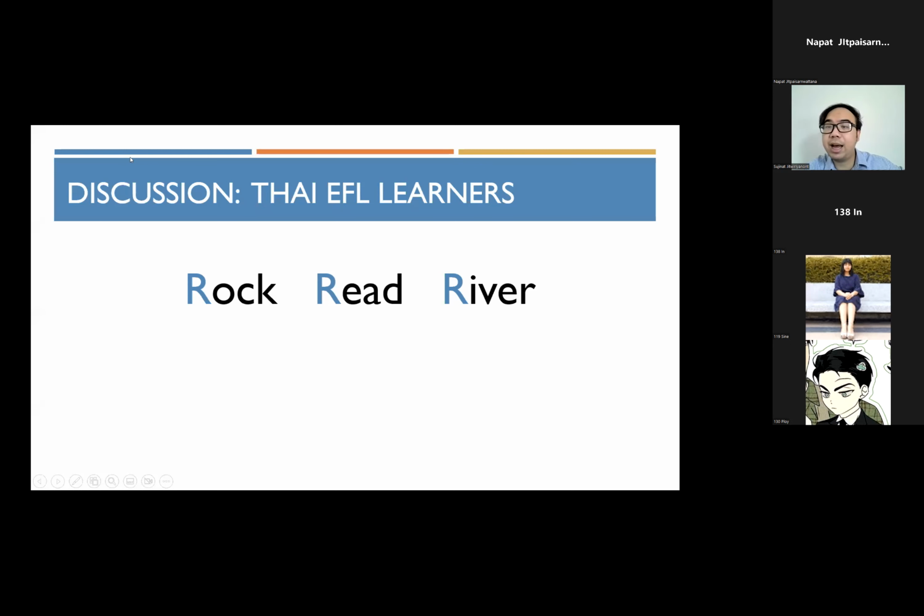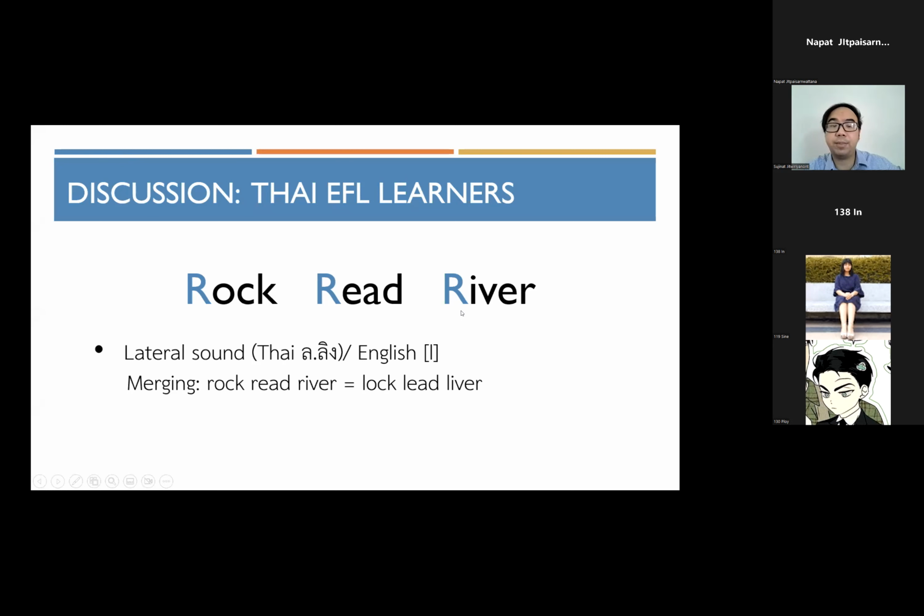Okay. You use an L sound, the Thai lo ling or the L sound in English, to pronounce the initial consonant of these words. But others substitute the sound with a Thai ro ruea, right? Good. When you use a lateral sound, Thai lo ling or English L, it is merging.